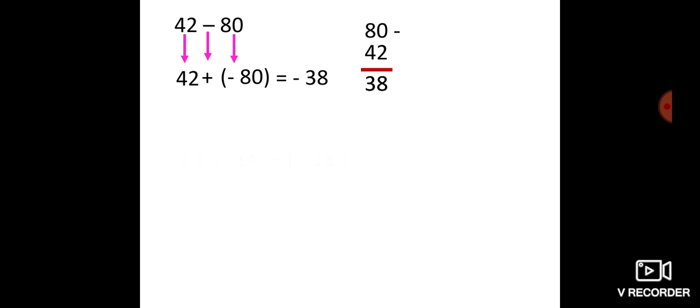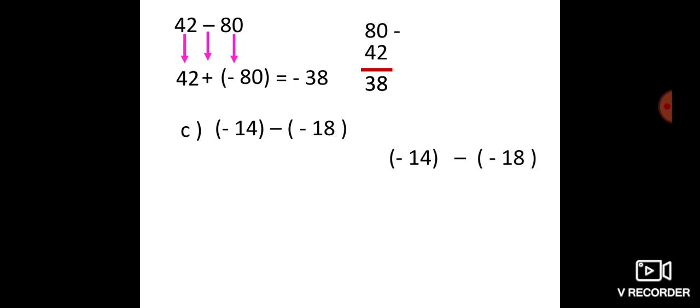Okay. Next, B question, minus 14 minus 18. First number is written as itself, minus 14. No change in the first number. Don't change the sign of the first number. Then subtraction changes to addition.